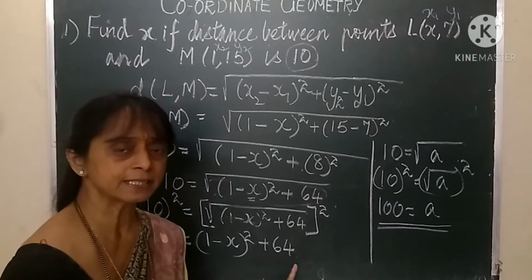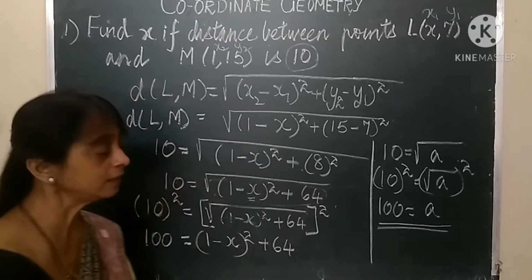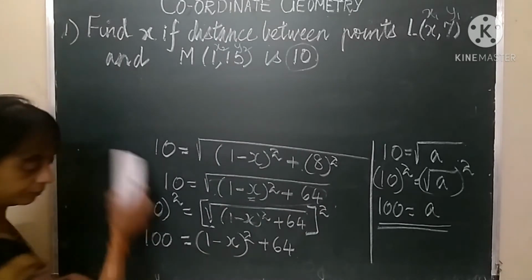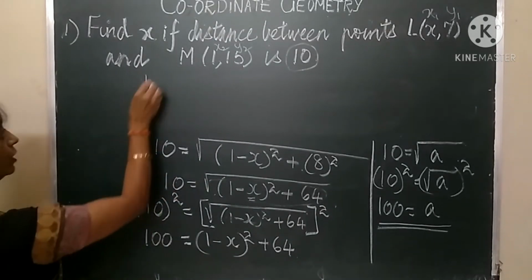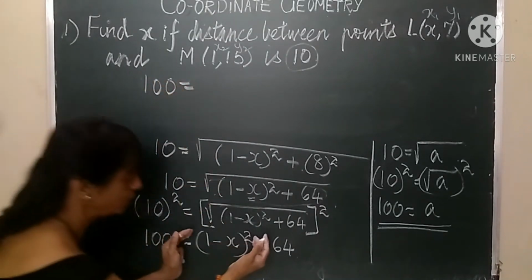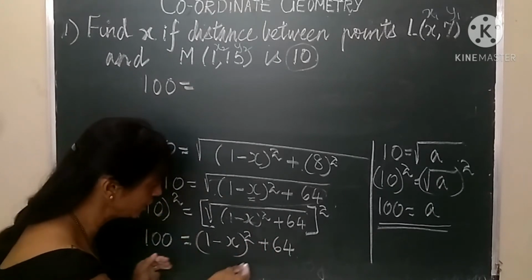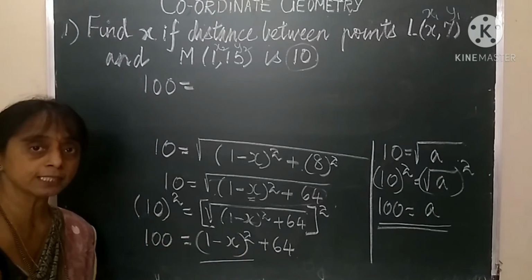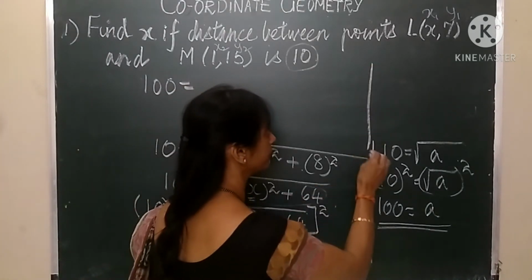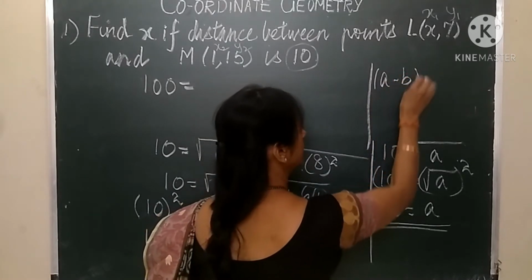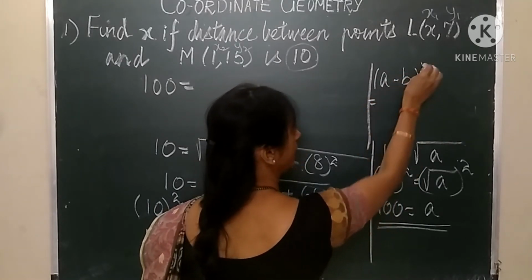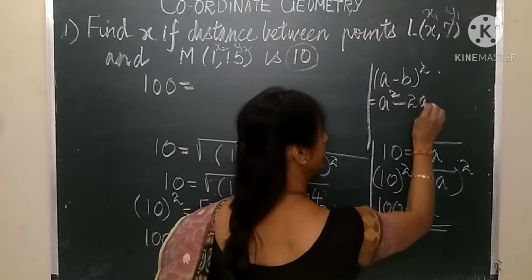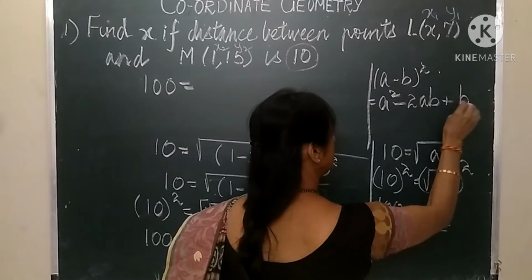So now, simple steps to move towards finding the value of the unknown. So let's continue. Over here, left hand side we have got 100, which is equal to, now children, over here we have to use the expansion formula. A minus b the whole square. We know what is a minus b the whole square. A minus b the whole square is equal to a square minus 2 into a into b plus b square.